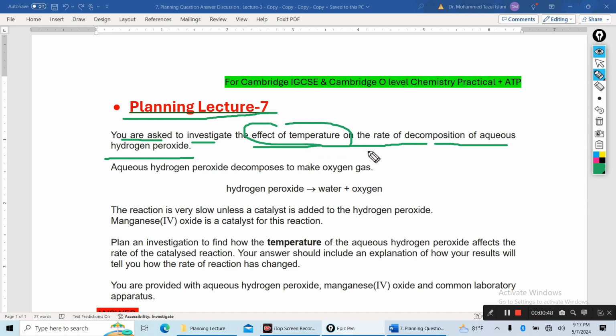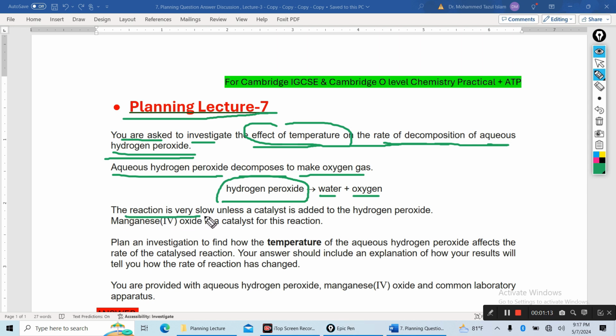Hydrogen peroxide decomposes, breaks down to produce water and oxygen.